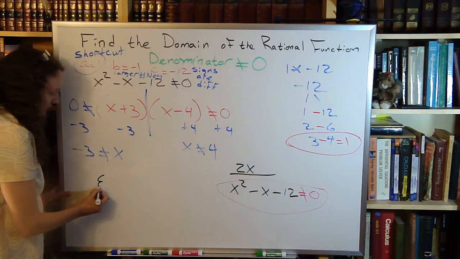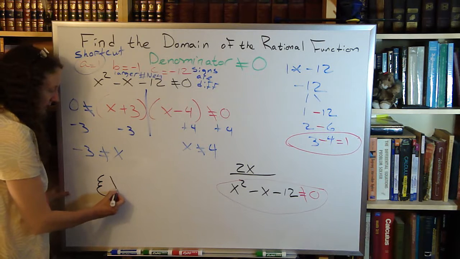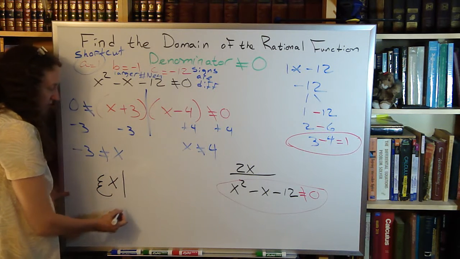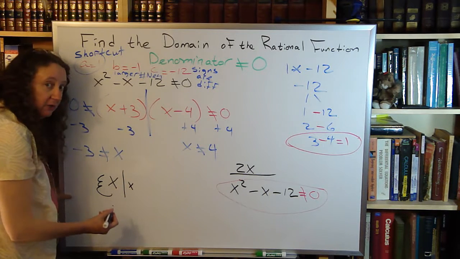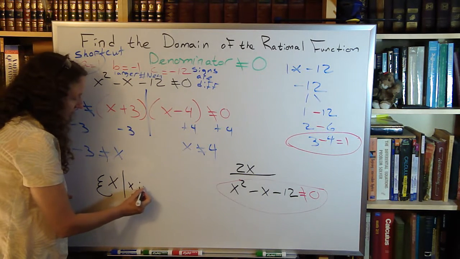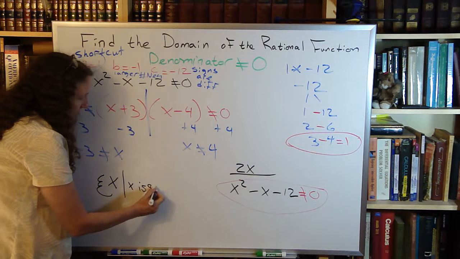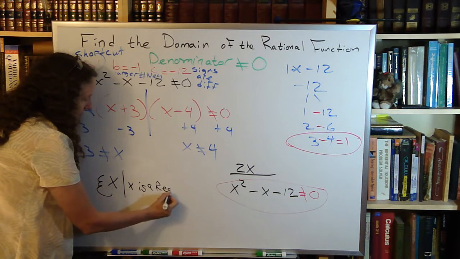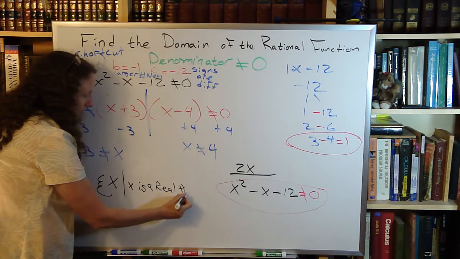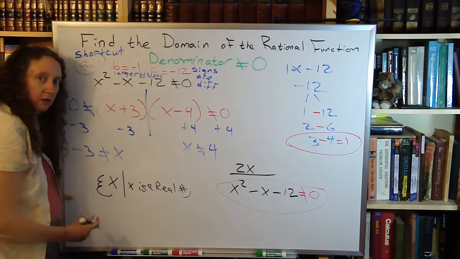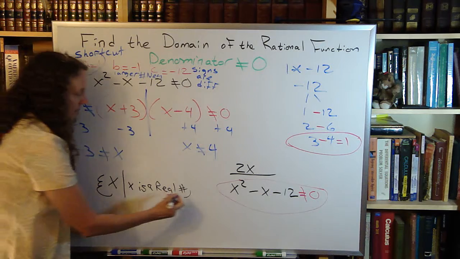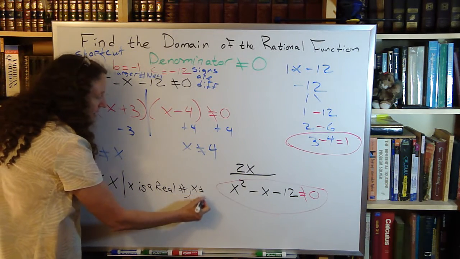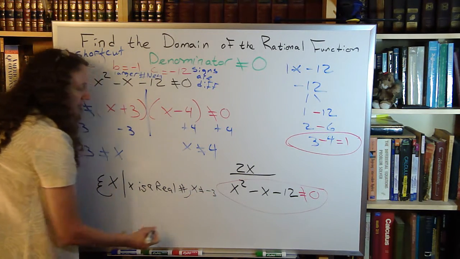So I have my set notation, x, such that there are conditions that apply. X has to be a real number. There's another condition. X cannot equal negative 3.